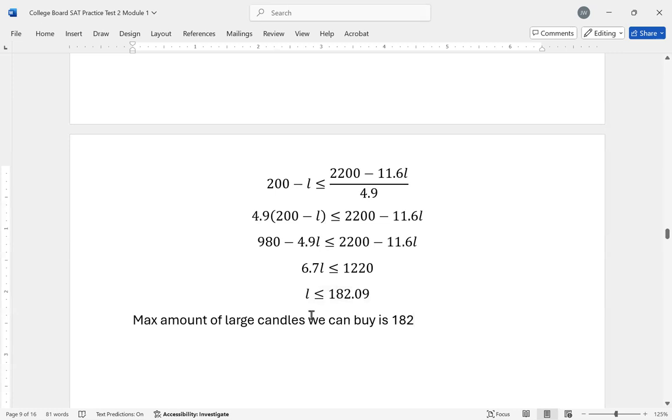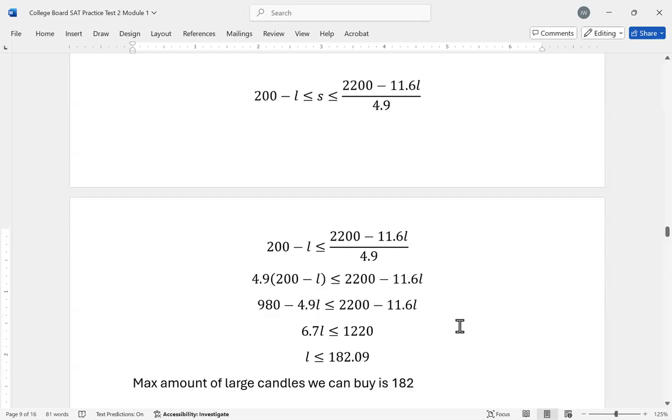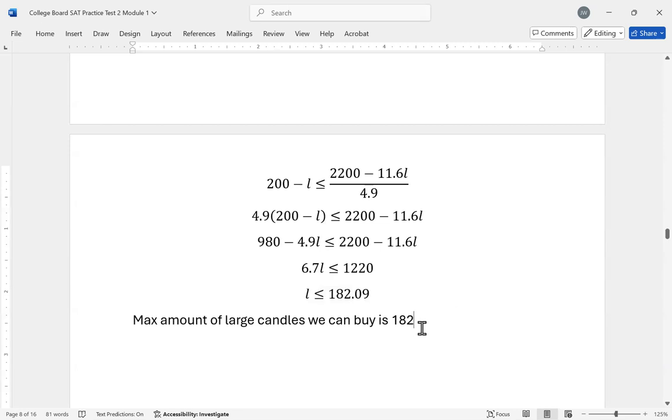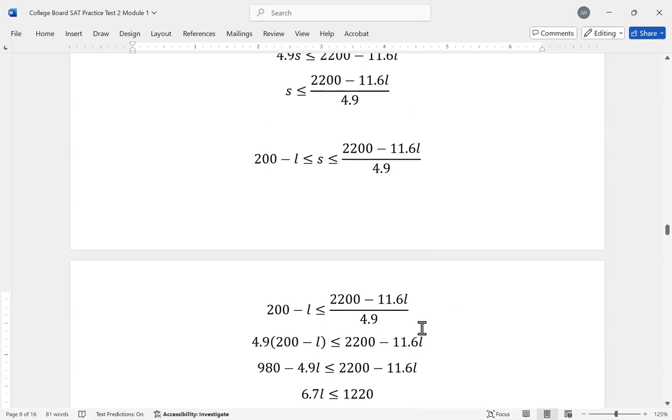Okay, the biggest L can be is 182 because we have to have whole numbers as our L. Could go less than that, but that's the idea. So 182 is what we're asking for. It says, what is the maximum number of large candles the owner can purchase to stay within the budget? Well, that number is 182.